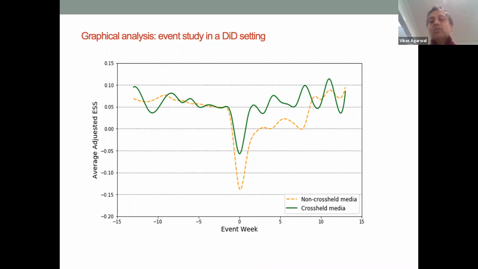So can the cross-held media somehow reduce the chances that you would be litigated in the first place? Maybe litigation is somewhat exogenous, they cannot control it, but I think it would be nice if you can show that there's not much that the cross-held media can do prior to the actual litigation by changing their tone.